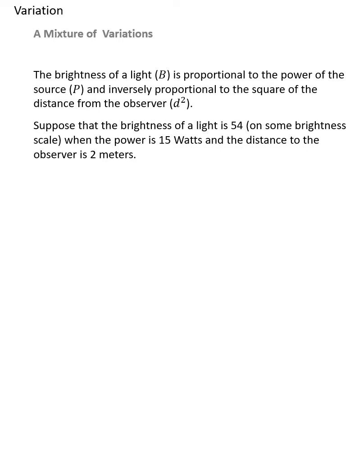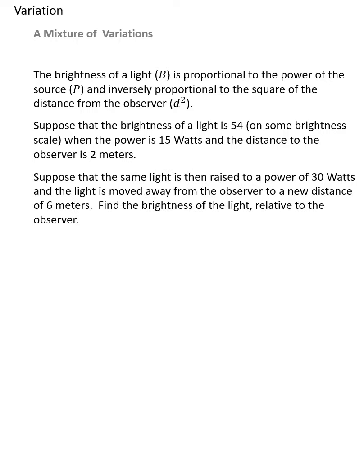Now, suppose for a particular light, it had a brightness of 54. Now, I won't attach any units here because I don't want this to become too much of a science-based problem. But just say there's some brightness scale and this light has a brightness of 54 when the power is turned to 15 watts and it's 2 meters away from the observer.